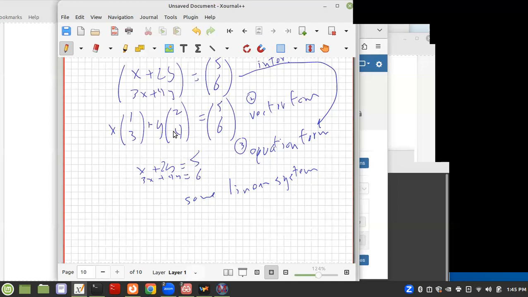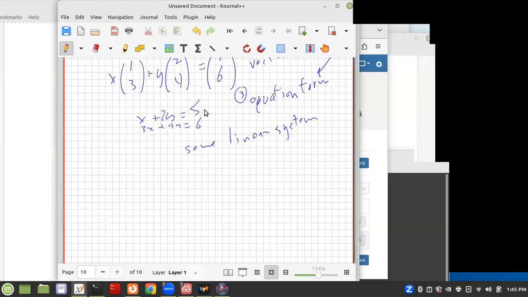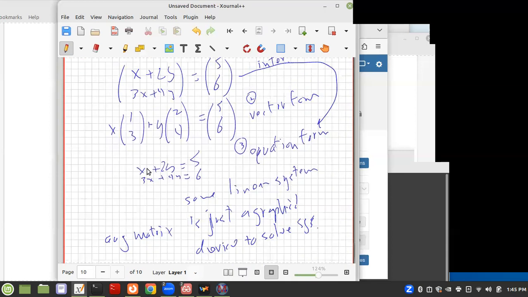This is an equation, this is an equation, this is an equation, three different forms. The augmented matrix is just a graphical device to solve the system. Now I can say go from here to the augmented matrix, go from here to the augmented matrix, or go from here to the augmented matrix.